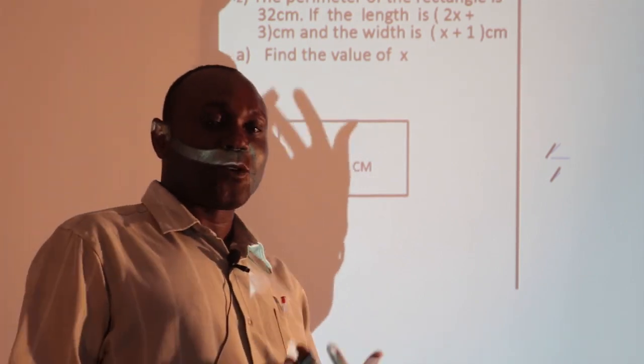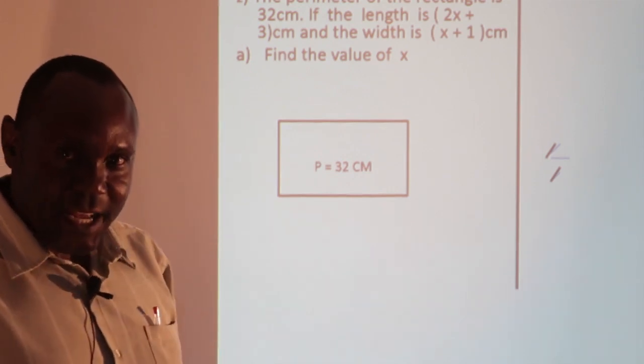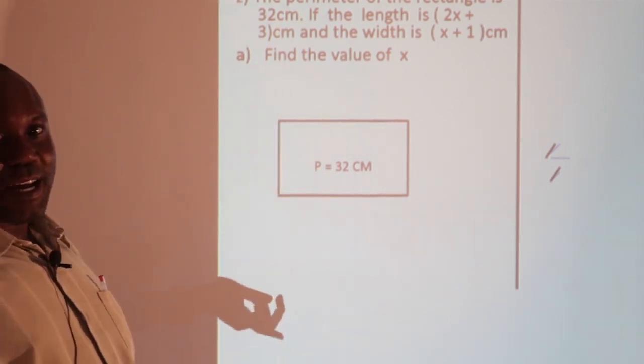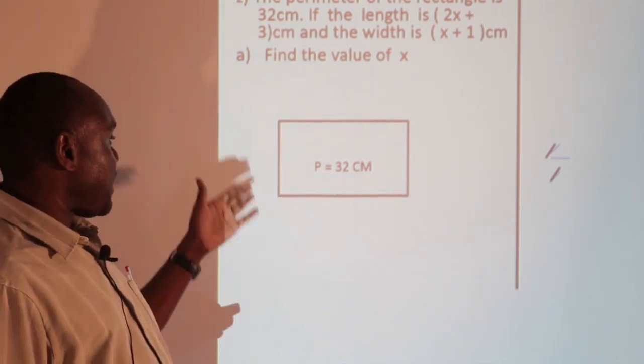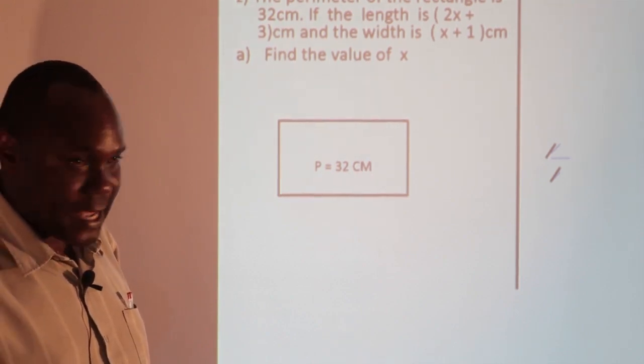So you should be able to know that if the question given talks about a rectangle, therefore you also draw a rectangle. And that's how you can see I've drawn my rectangle, the sketch, and I have put there perimeter equals 32 centimeters.